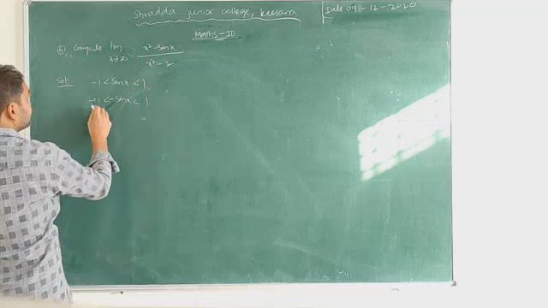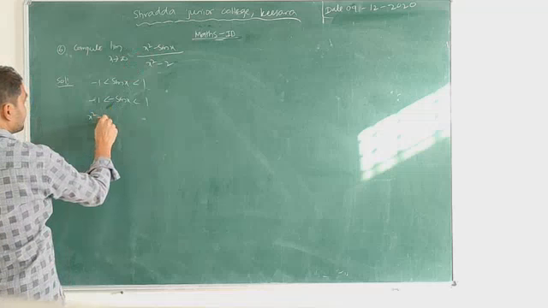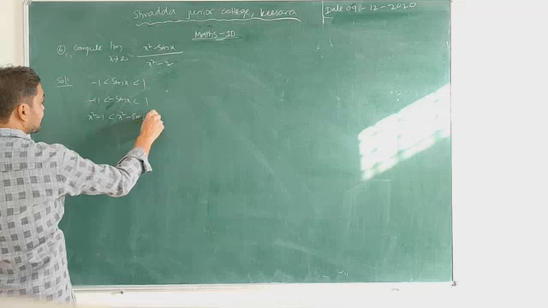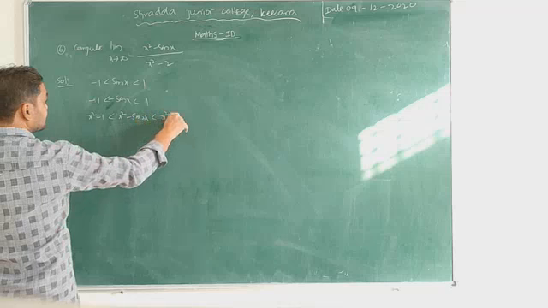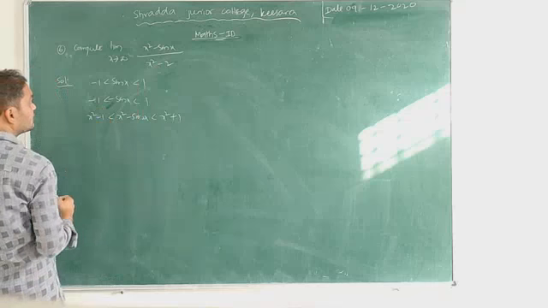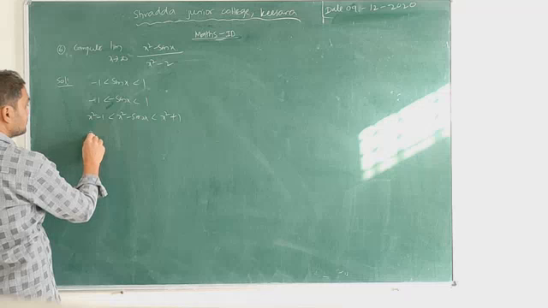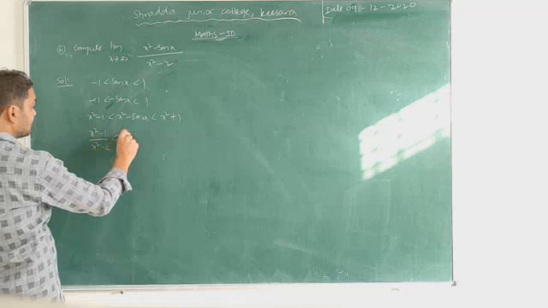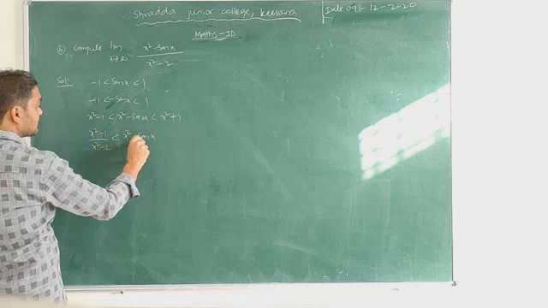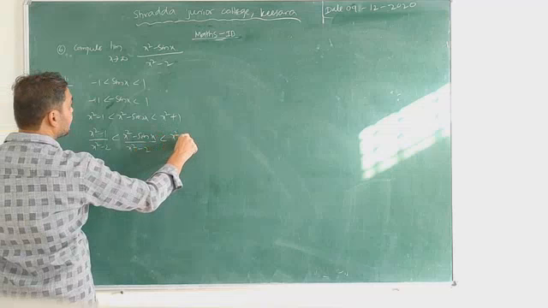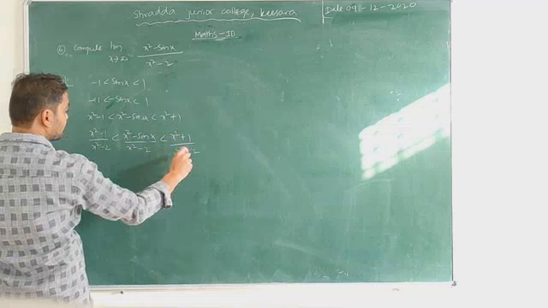And we are adding x square: x square minus 1 is less than x square minus sin x, which is less than x square plus 1. So this is divided by x square minus 2: x square minus 1 by x square minus 2 is less than x square minus sin x by x square minus 2, which is less than x square plus 1 by x square minus 2.